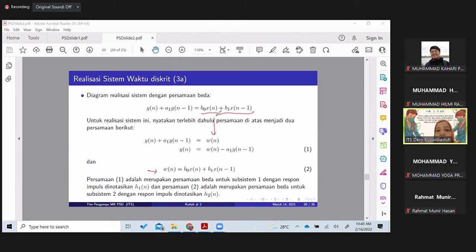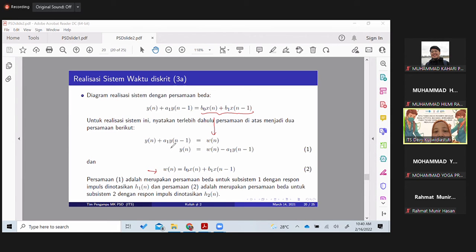So yn equals b0 xn plus b1 xn minus 1. And you always have to make the differential equation in this form.